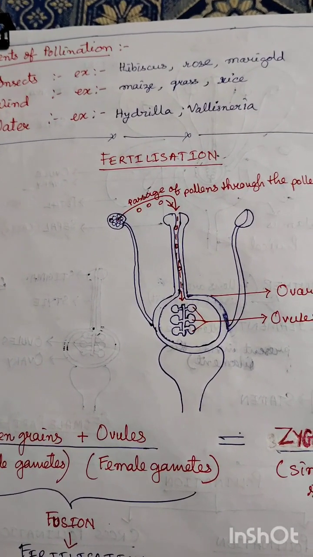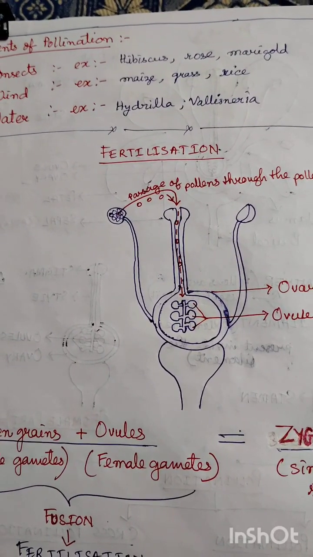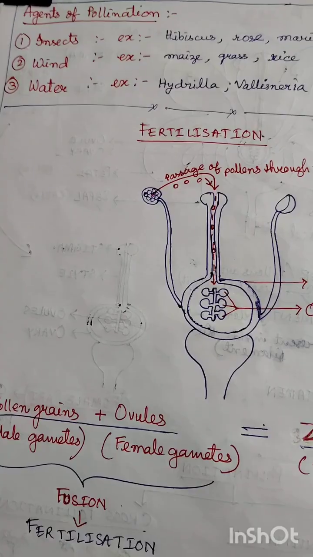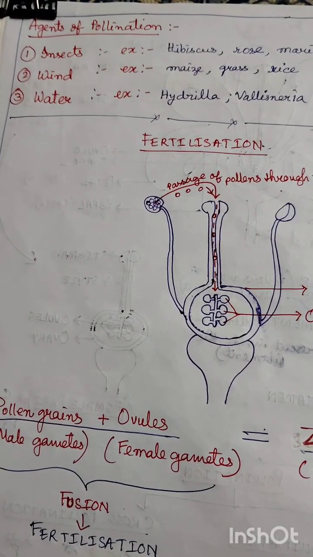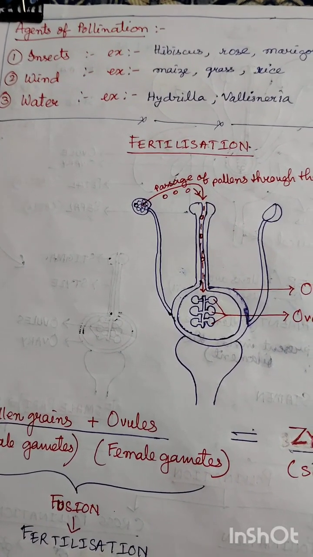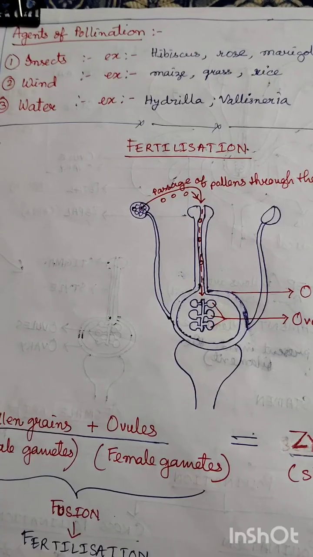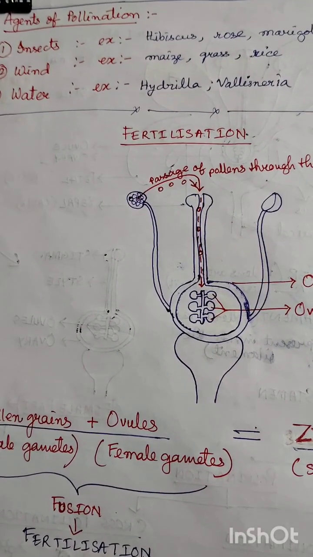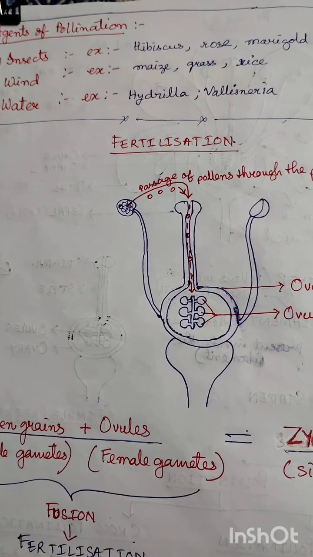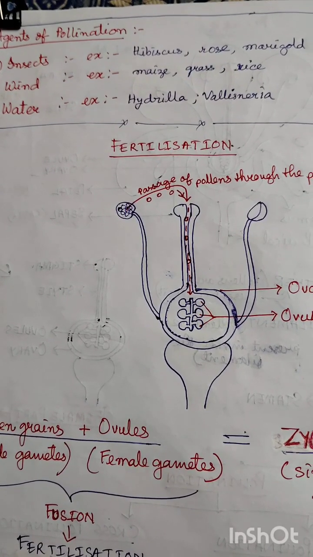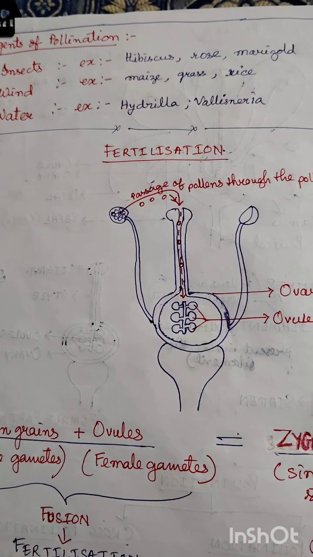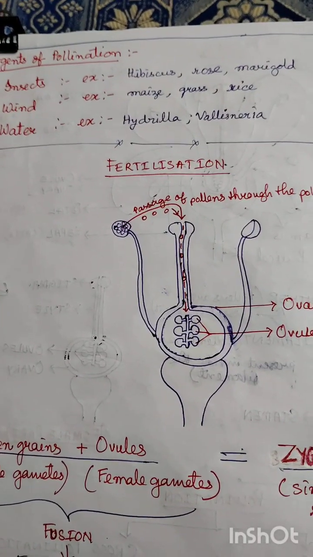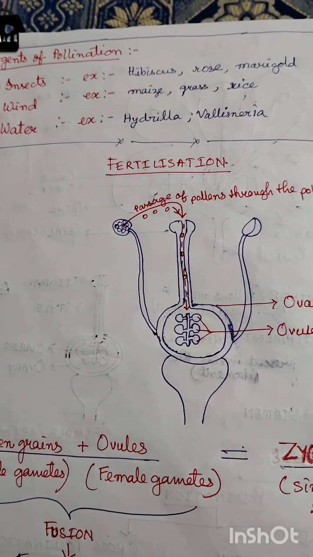Because of that water, pollen grains may be damaged, so to protect them they are covered with a waxy coating which is light and also floats easily on water. Sometimes the entire male flower floats on water, and when it reaches the female flower it transfers the pollen grains. So these are the examples, you have to memorize all of them.